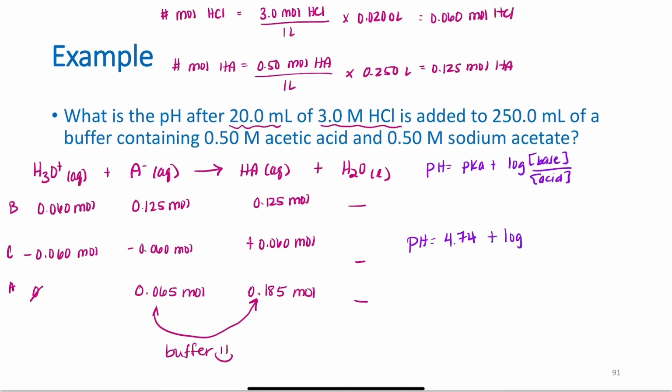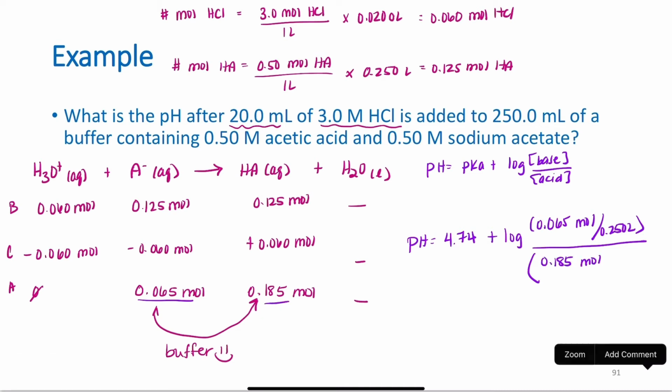The concentration of my base is 0.065 moles divided by 0.250 liters, divided by the concentration of acid, 0.185 moles divided by 0.250 liters. And the pH comes out to 4.29.